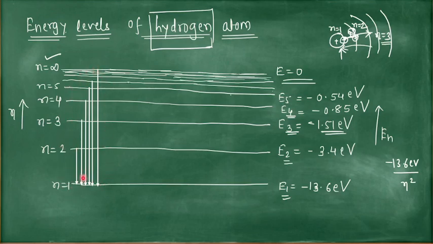So there may be a number of wavelengths, a number of frequencies. So these are the wavelengths emitted by transition of the electron from outer orbit to inner orbit. Here the inner orbit is fixed.